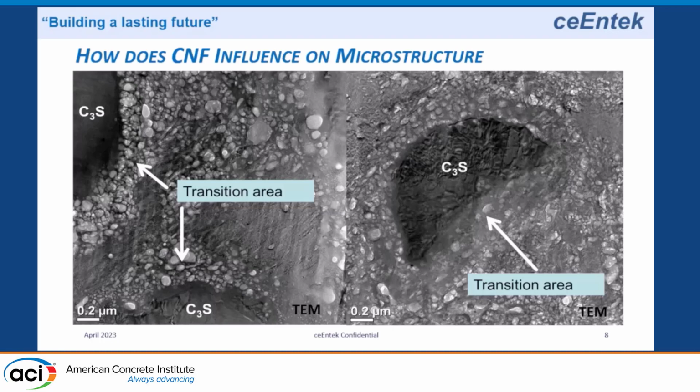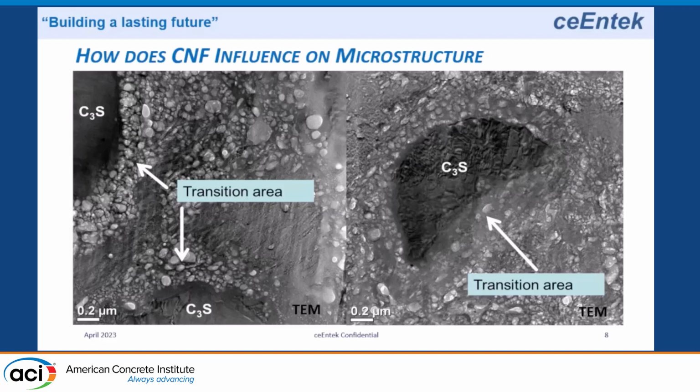So here we have a transmission electron microscope image of two pastes. One that has carbon nanofiber on the right, and on the left does not have carbon nanofiber. And you'll notice that adjacent to the tricalcium silicate, it's very granular looking on the left, whereas on the right, it's less granular.